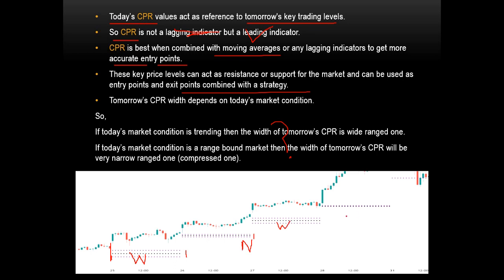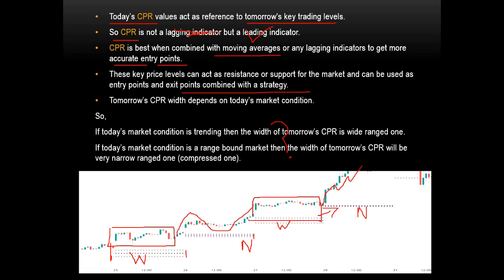Tomorrow's CPR width depends on today's market condition. So, if today's market is in trend mode, then we will see a wide range CPR for tomorrow. And if today's market consolidates or is range bound, we will see a narrow range CPR tomorrow. I think you people got an idea how to spot when a trending market occurs.